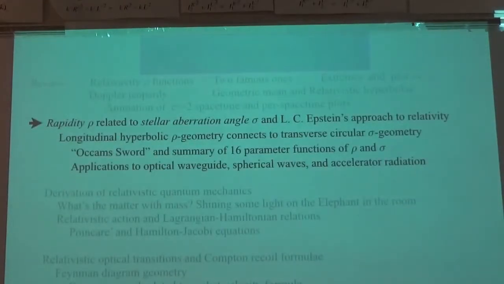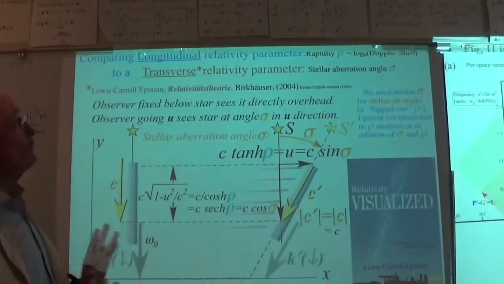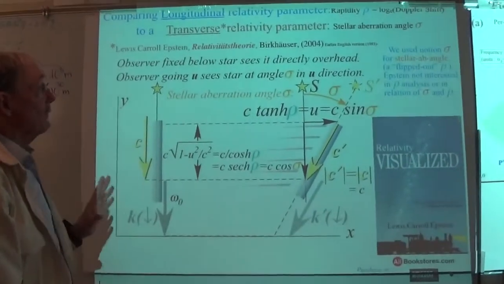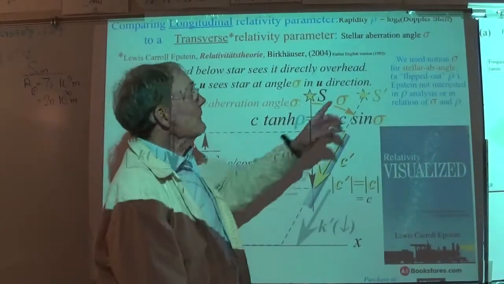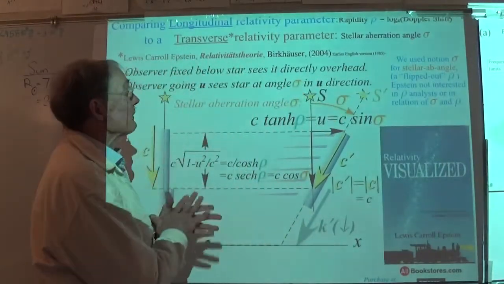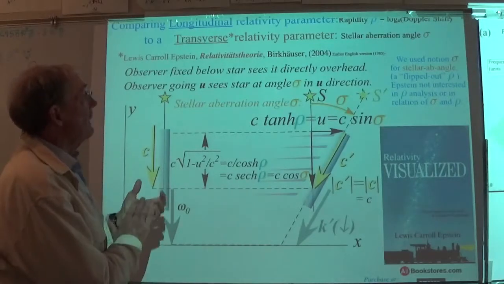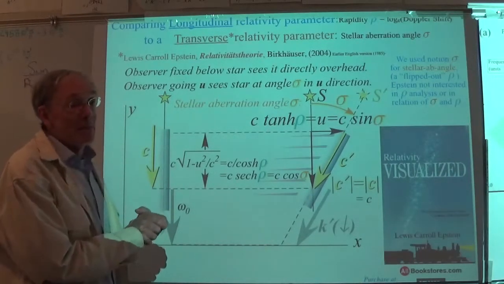The rapidity and the other kind of angle. This is comparing longitudinal parameter, the rho, the rapidity, the logarithm of the Doppler shift, to this parameter that astronomers knew about probably much more than rapidity.